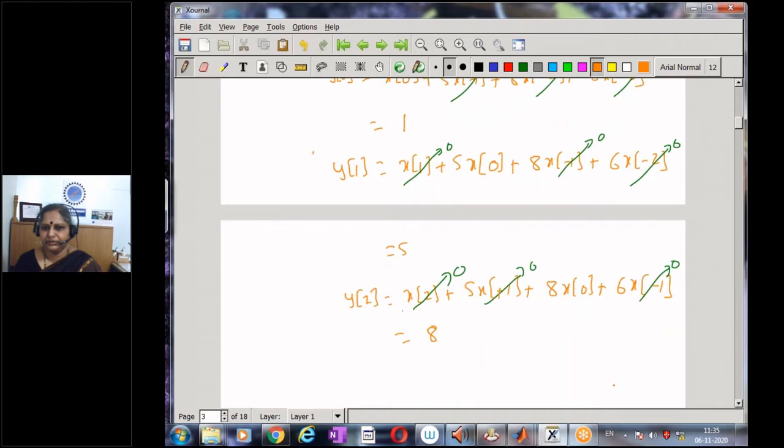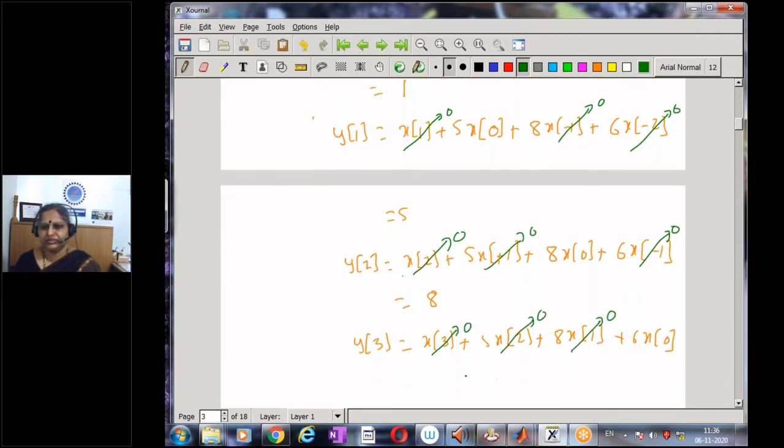And similarly, if I compute y3, I will get x of 3 plus 5 x of 2 plus 8 x of 1 plus 6 x of 0, and all the terms except x0 are 0, and x0 is a 1, and so I get this y3 as 6.